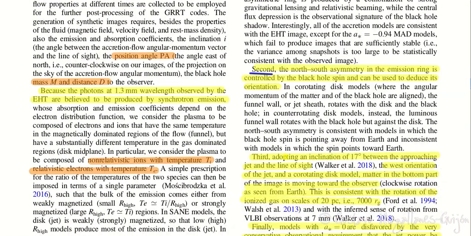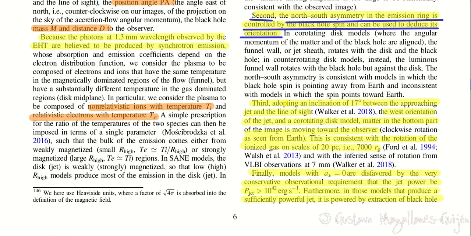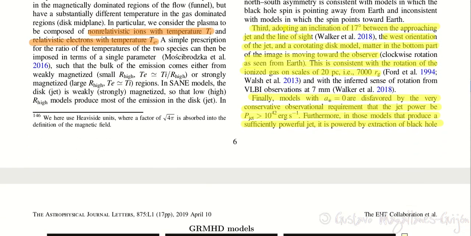Second, the north-south asymmetry in the emission ring is controlled by the black hole spin and can be used to deduce its orientation. The third thing is adopting an inclination of 17 degrees between the approaching jet and the line of sight.